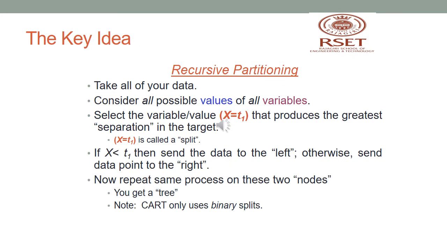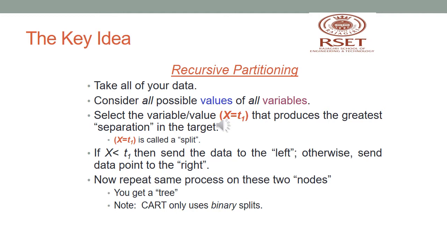Let's see what recursive partitioning is. First of all, we take all of the data and consider all possible values of all variables, and select the variable and value that produce the greatest separation in the target. That is x equal to t1, which is called the split value.